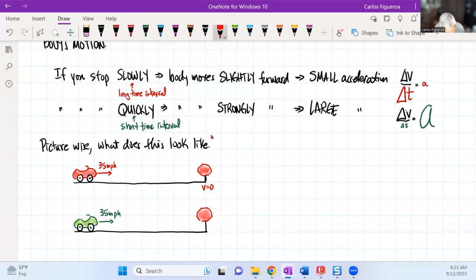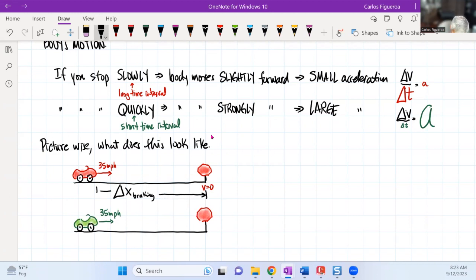So here's what we're doing here. What we know here is that the brake time for the red car following, up here, if you stop slowly, that means you have a long braking distance, right? You are now applying the braking distance.